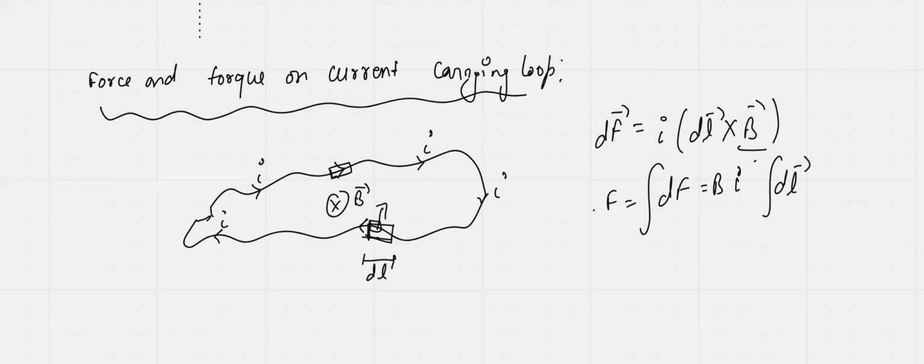If I ask you what will be the integration of the whole length, you know that when you join all the small components, what is the length you are going to get? The complete length, where the force will be nothing but B times I times L. This is what you are going to get.